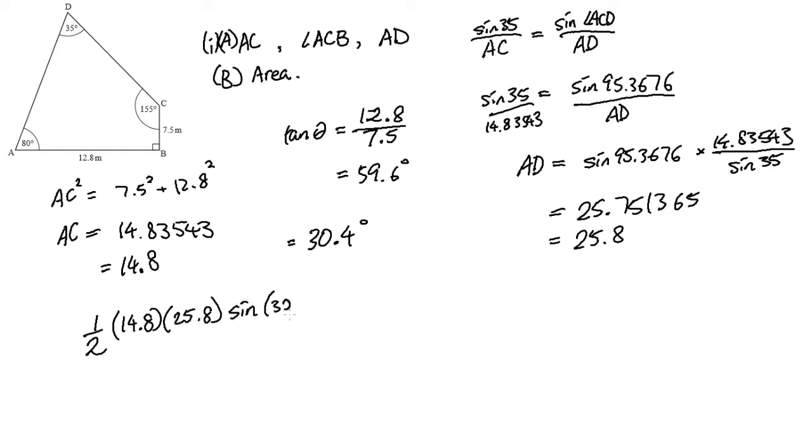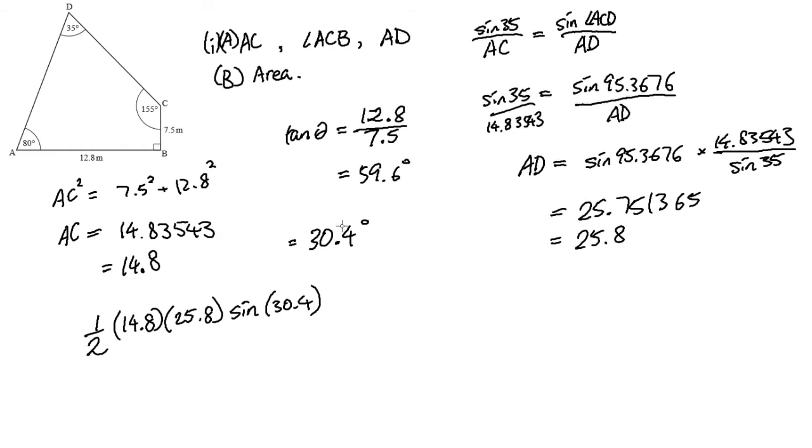Sine of 30.4 will be equal the area, so let me just take a second. My bad, this is not 30.4. 30.4 is this angle, this small one.